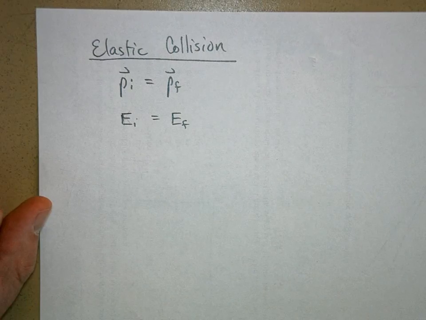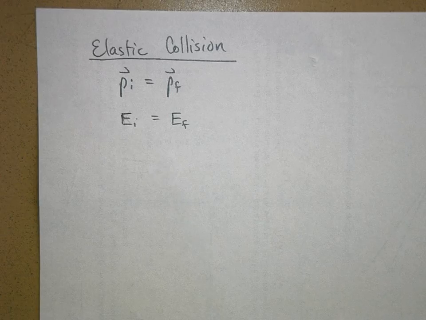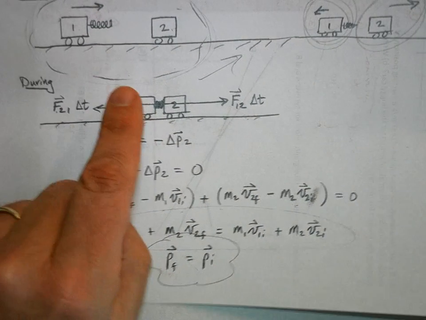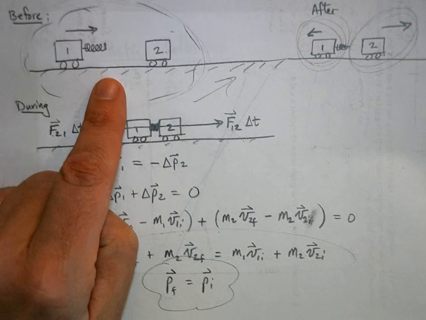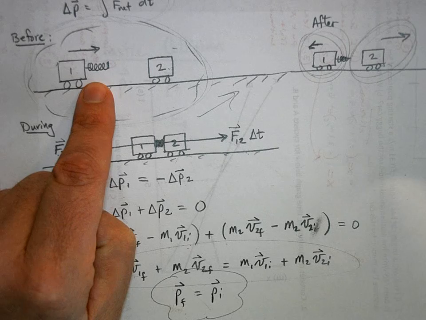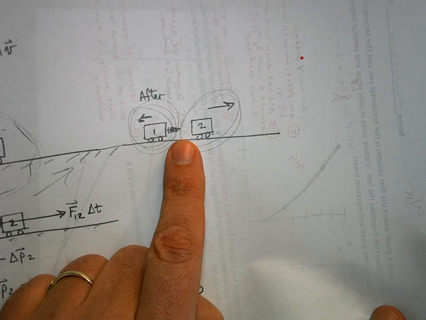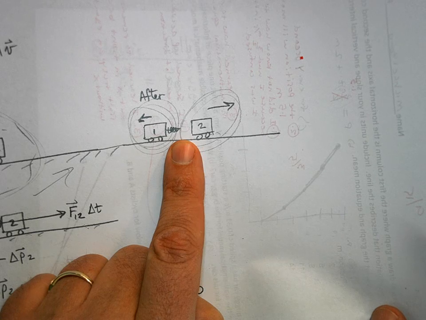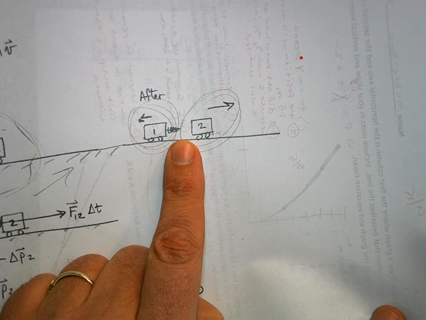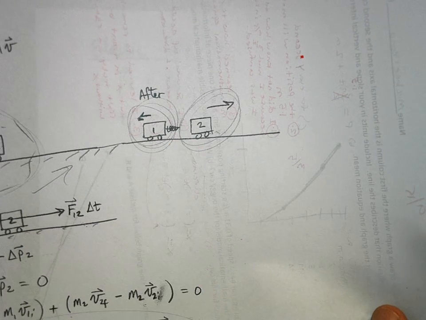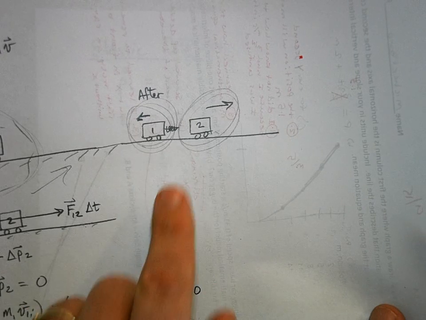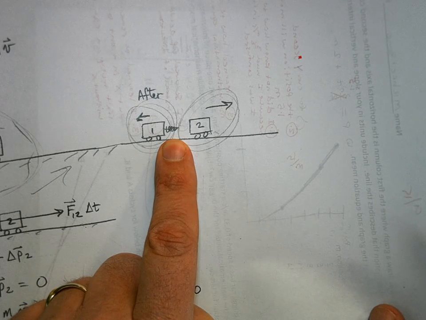But in this kind of system right here, before there's no energy stored in that spring, right? And then after they spring apart, the spring is relaxed again, and there's no energy stored in that spring, so we don't have any potential energy stored in the spring.